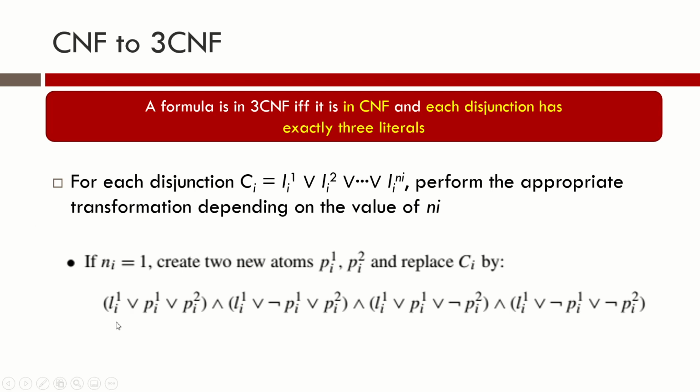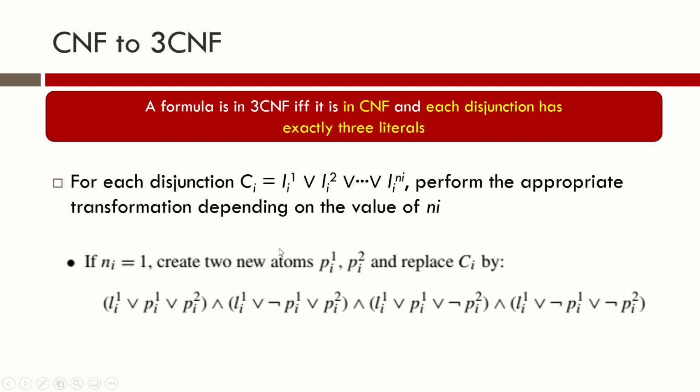So, if ni equals 1, we create 2 new atoms, Pi1 and Pi2, and we replace Li1 with this conjunction of disjunctions: Li1 or Pi1 or Pi2, and Li1 or negation Pi1 or Pi2, and Li1 or Pi1 or negation Pi2, and Li1 or negation Pi1 or negation Pi2.